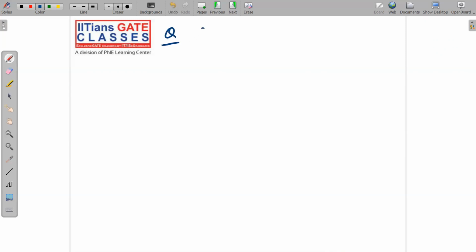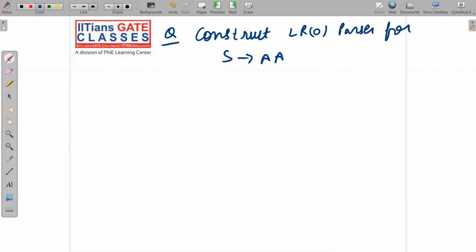The question is: construct an LR0 parser for the grammar S goes to A A, A goes to a A or b. This is my grammar, and for this grammar you want to construct the LR0 parser.